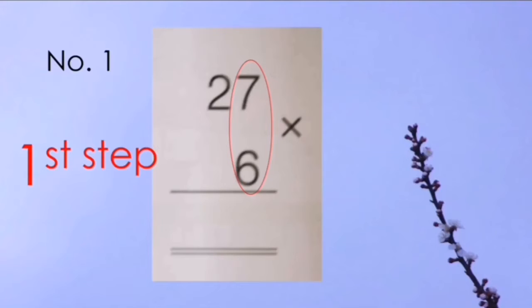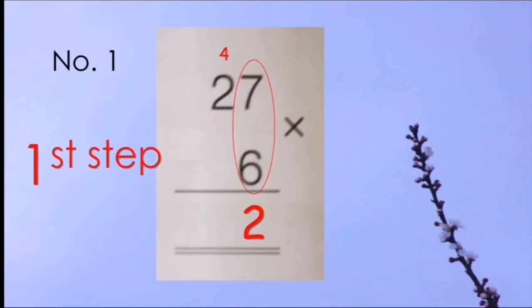We have number 7, which is why we multiply 6 to 7. So, 6 times 7 equals 42. 42 is composed of two digits. As for the rules of multiplication, we need to raise the second digit up. 4 is our second digit, so we raise the number 4 up.